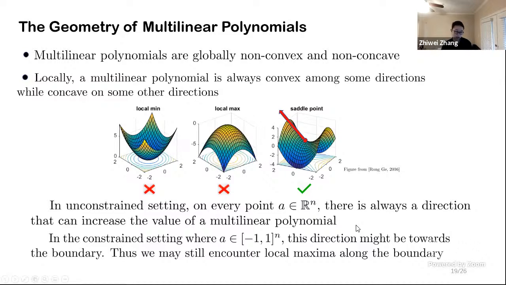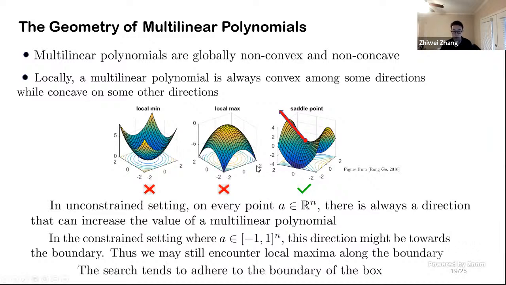But if we impose our box constraint, then this escaping direction may be towards a boundary. So we may still encounter local maxima along the boundary, or in other words, the local maxima should be on the boundary. This reveals the discrete nature of our framework despite its continuous appearance.